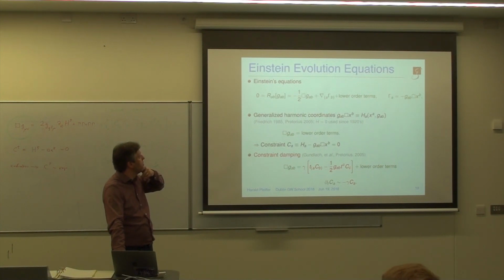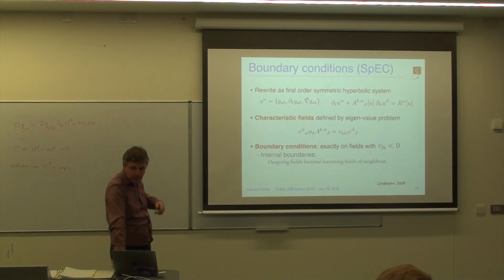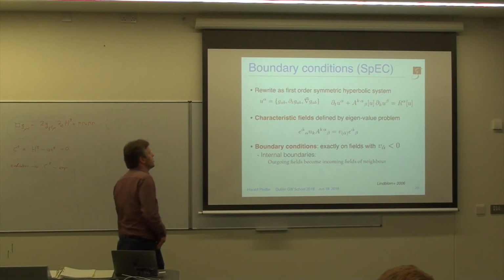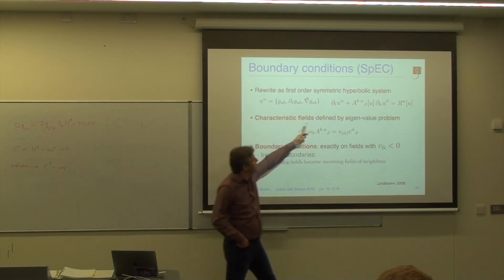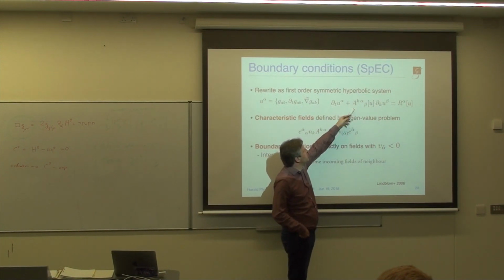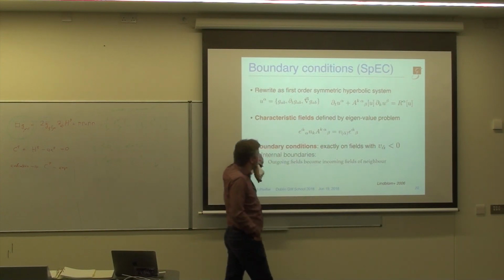We've talked about the evolution equations over at the blackboard, so I don't need to go to that slide again. But we've also talked about the way you do boundary conditions. You rewrite the system of equations in first order form, with complicated matrices A multiplying the spatial derivatives.